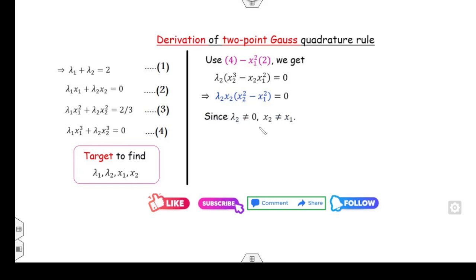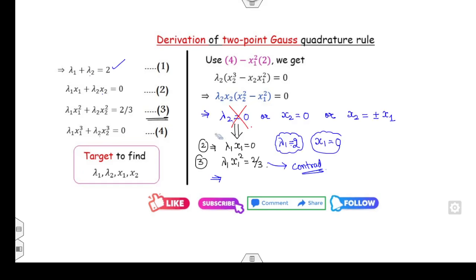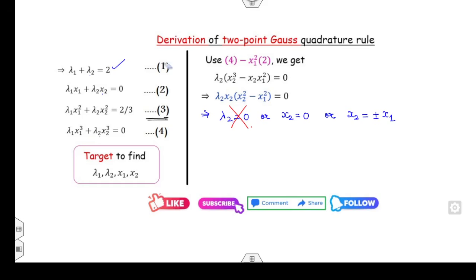Is it okay? Similarly, can the value of x2 be 0? If x2 is 0, from equation number 2 we get lambda 1 x1 equal to 0. From equation number 3, we get lambda 1 x1 square is 2 over 3.